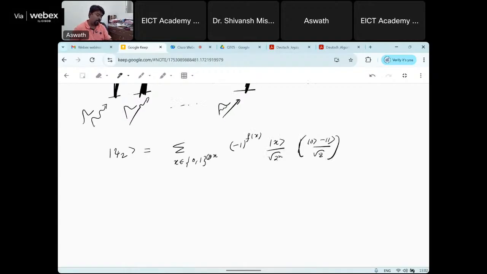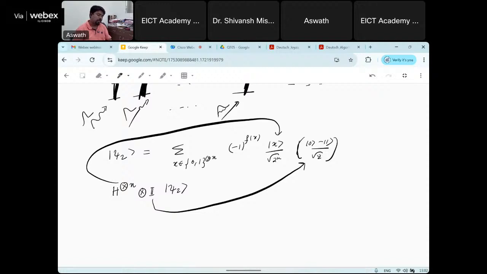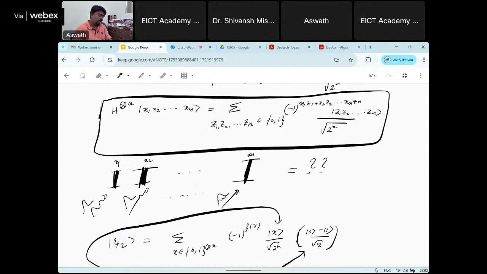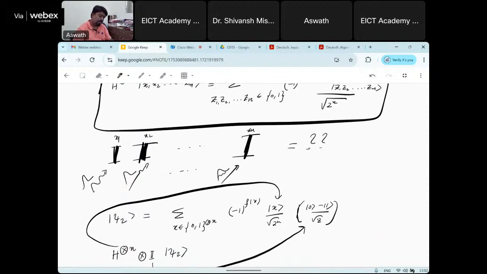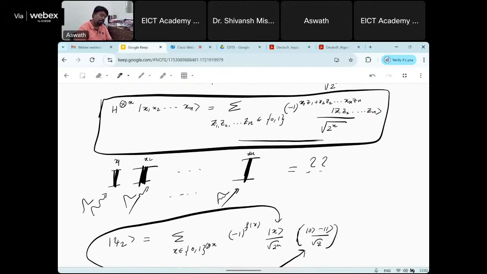Now I want to find n Hadamards, tensor one identity, acting on psi 2. The identity would act on this part, but the Hadamards act on this part. Just now you got Hadamard acting on such an x gives the output like this.